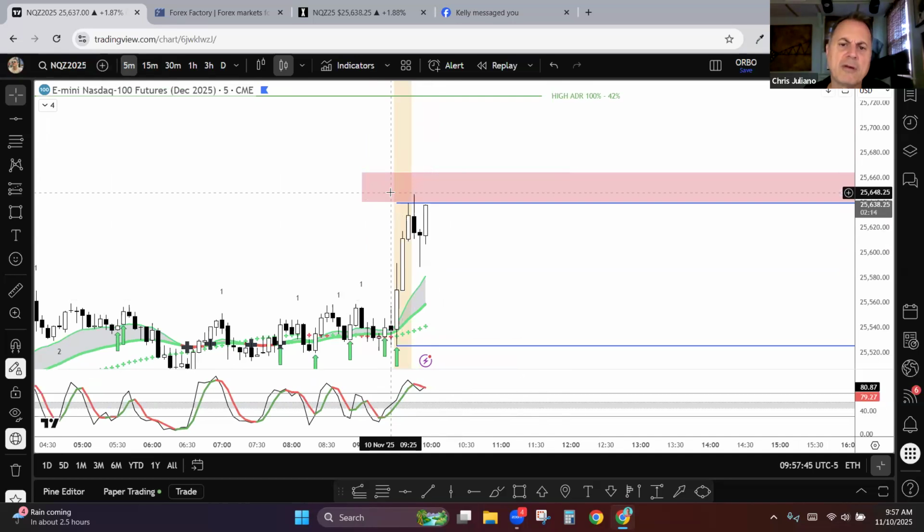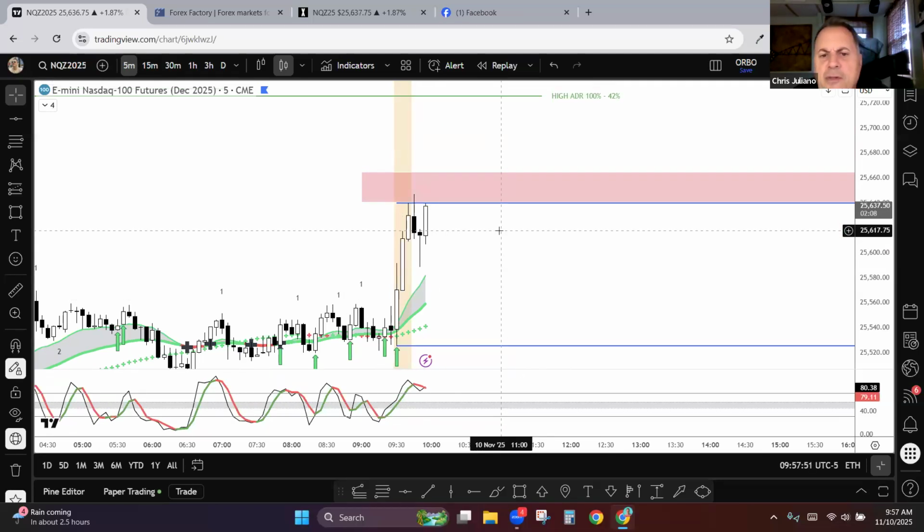If it breaks through here, starting to break out to the upside again and hit that 3 hour 50 simple moving average. Once again, I would want to see a 5 minute candle close outside of this opening range.